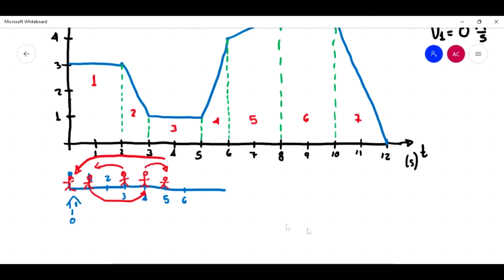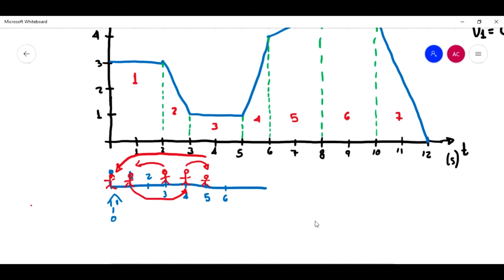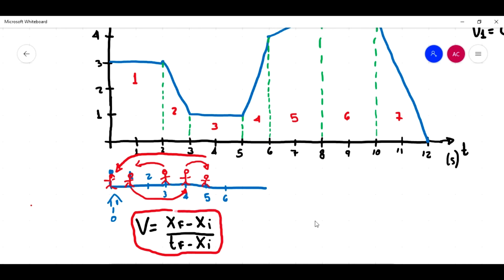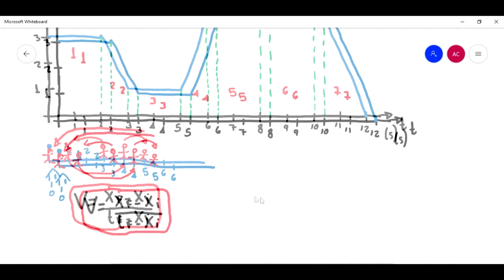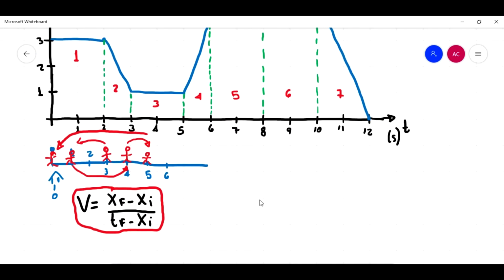There is a formula that I'm going to write over here that says velocity equals the final position minus the initial position over the final time minus the initial time. That is the formula that I'm going to use in order to find the velocity of each one of the segments. So for example, let's find the velocity of segment number 2.